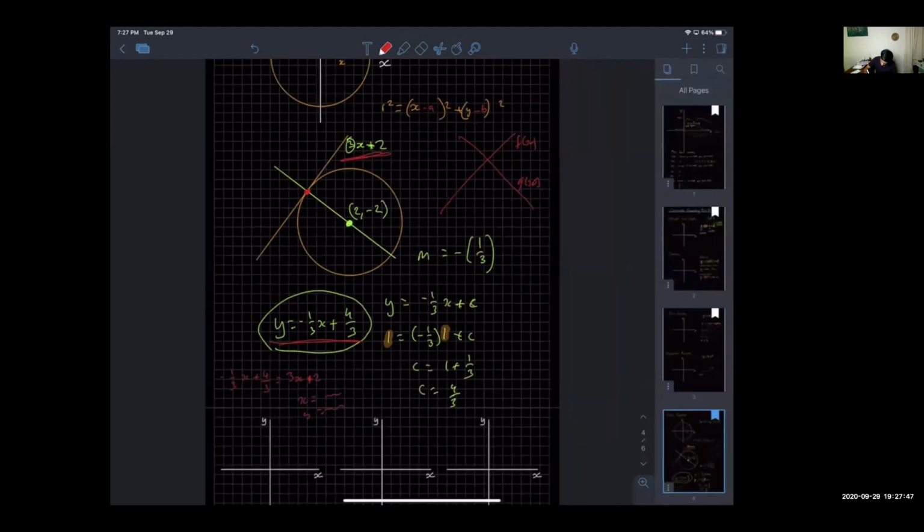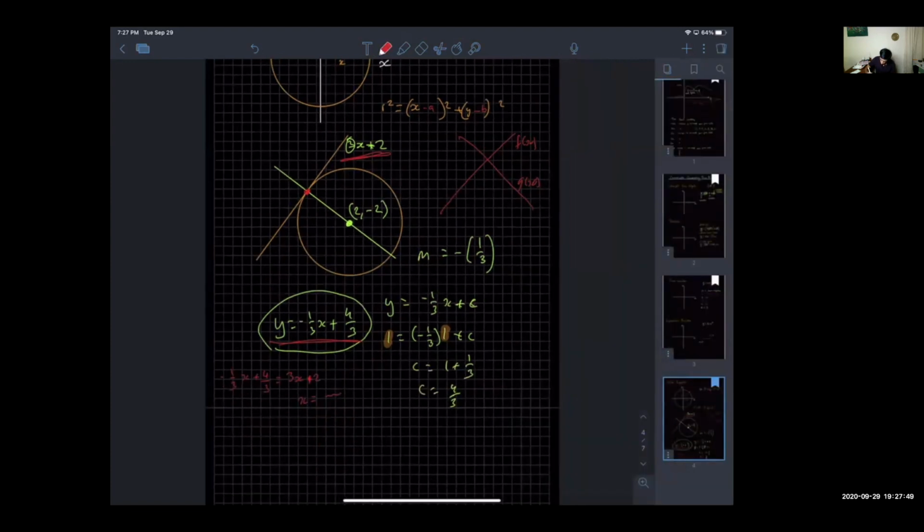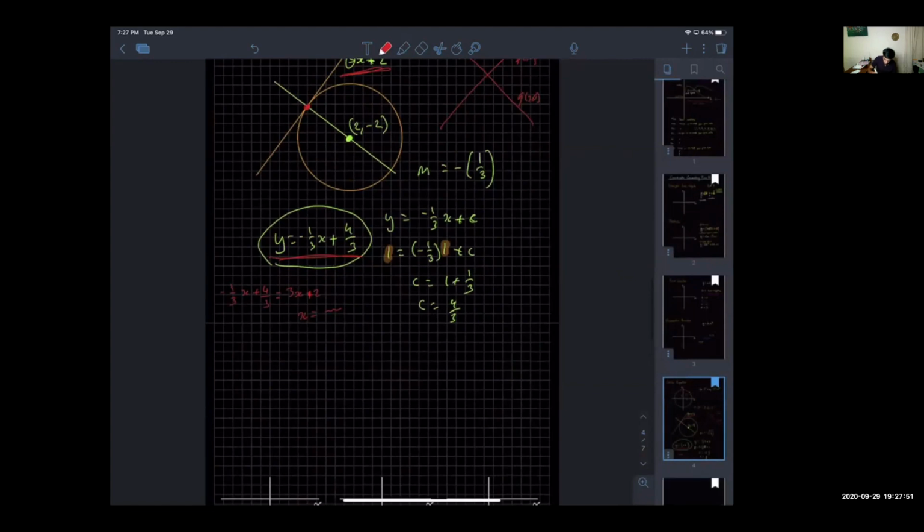So to summarize, what I want you to do is draw out this graph.